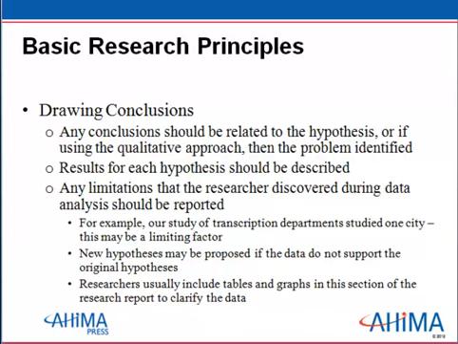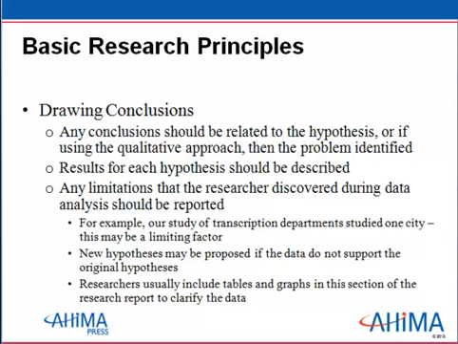Any conclusions reached from the study should be related to the hypotheses, or when using the qualitative approach, the identified problem. The results from each hypothesis should be described. Any limitations discovered during data analysis should be reported.